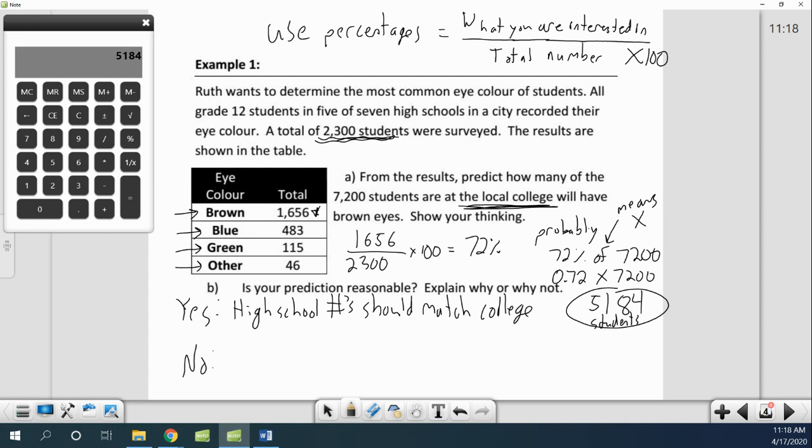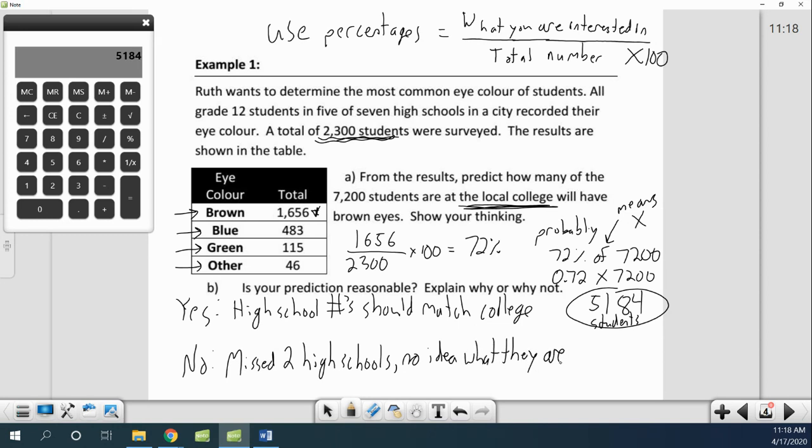And others say, well, it might not be that good because we missed 2 high schools, and we have no idea what they are like.